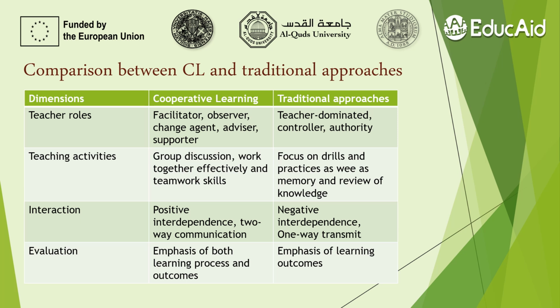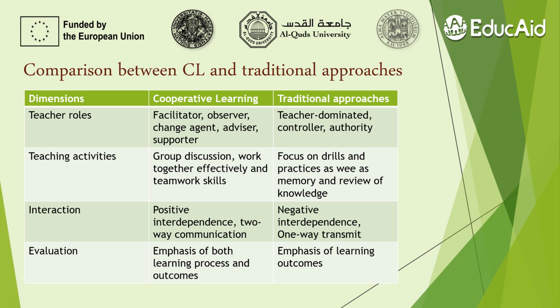Interaction in the traditional approach follows a more negative interdependence. There's a sort of competition, and there's one way from the teacher to the audience. Evaluation in cooperative learning has an emphasis on both the learning process and the outcomes. And in traditional approaches, the emphasis is mostly on the learning outcomes.